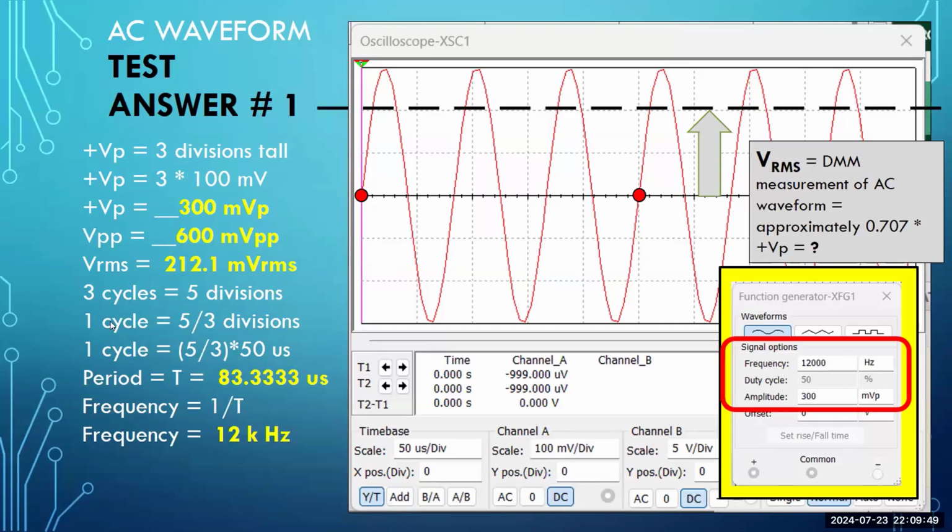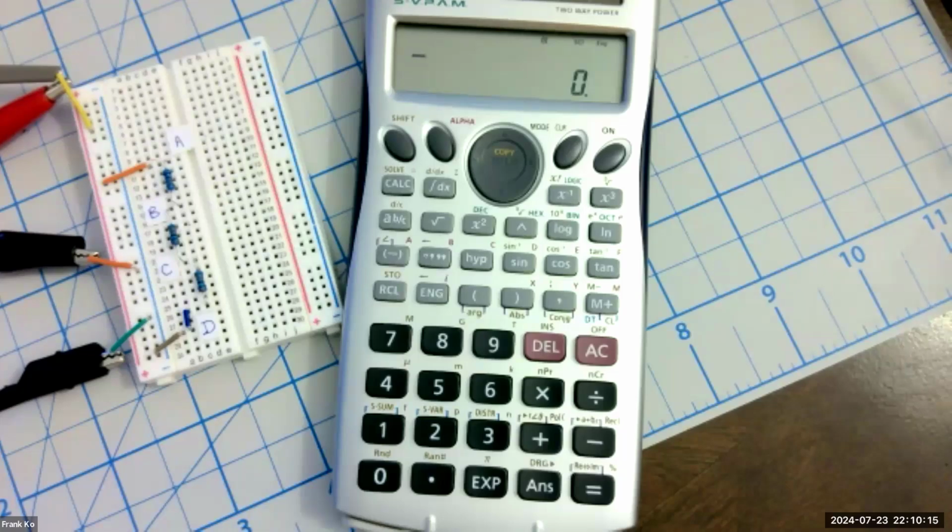And once we have how wide one cycle is in terms of divisions, then we can multiply that width of one cycle as 5 divided by 3, then multiplied by 50 micro. All right, so let's show you what that looks like on your calculator. All right, on your calculator, go back to camera mode.